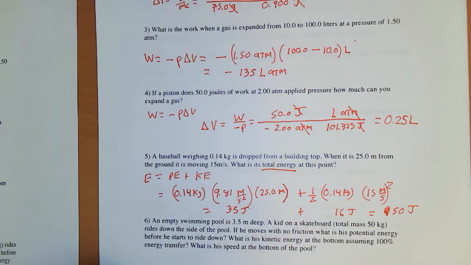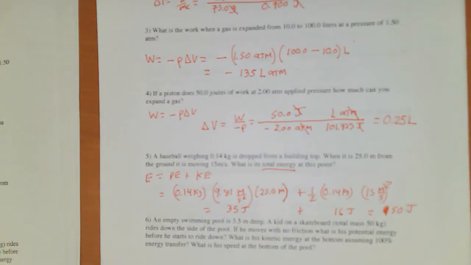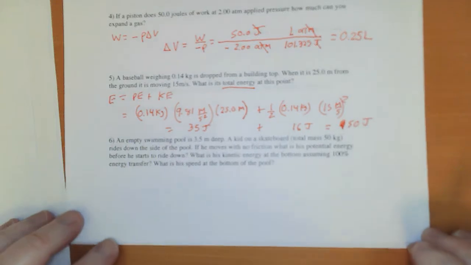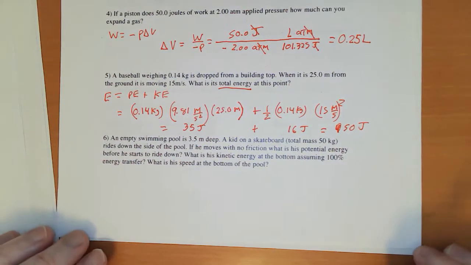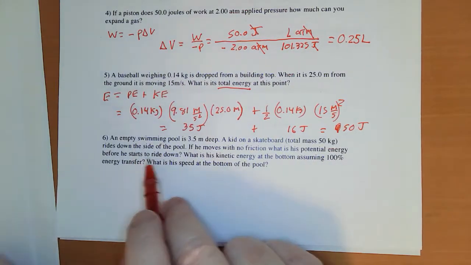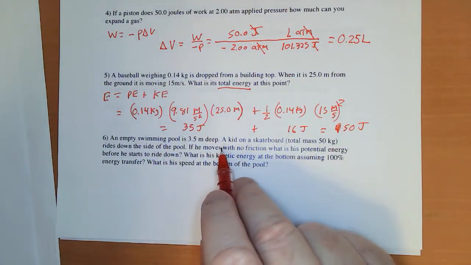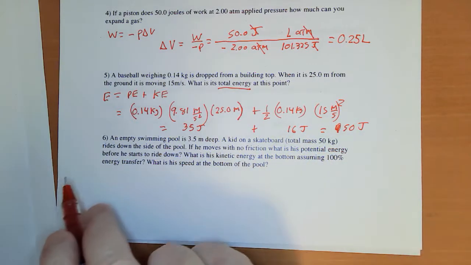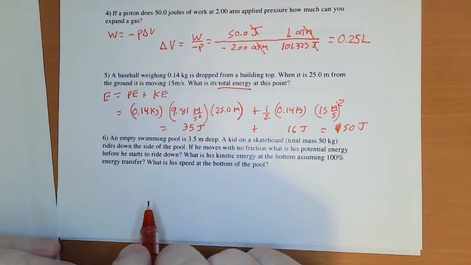Okay? Now, this is a very classic physics question. I guarantee you this will not be on your test, but the ideas behind it are good. You have an empty swimming pool. It's 3.5 meters deep. A kid on a skateboard who weighs 50 kilograms rides down the side of the pool. Okay?